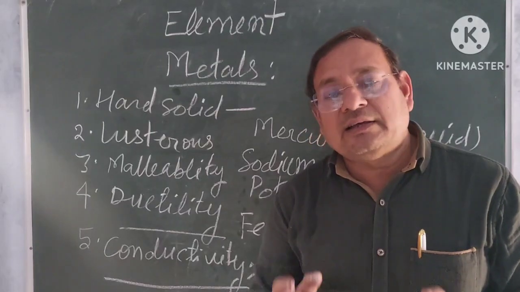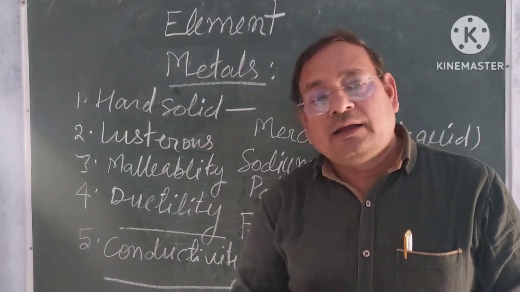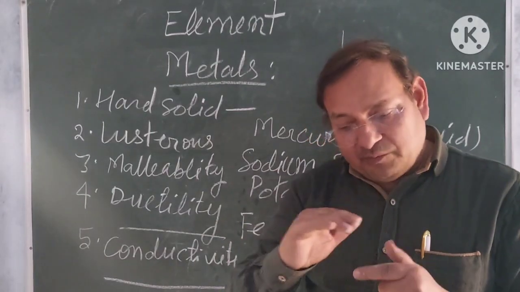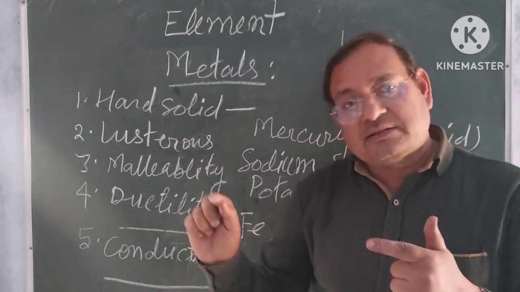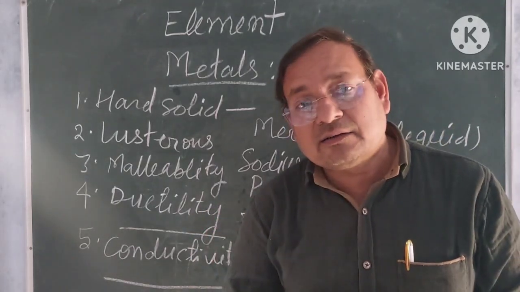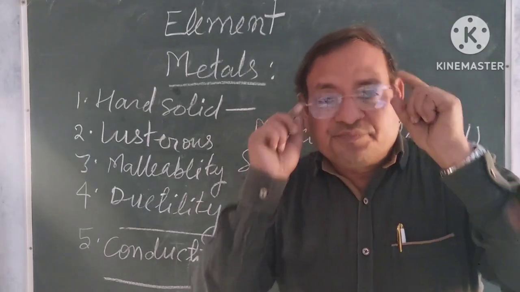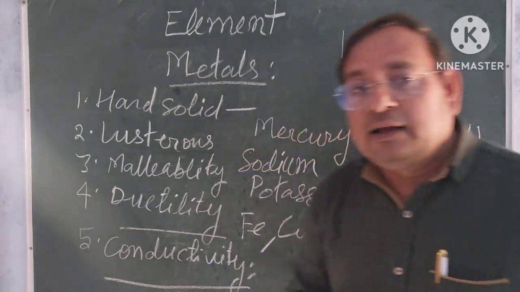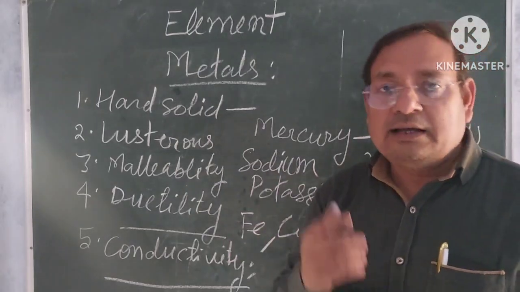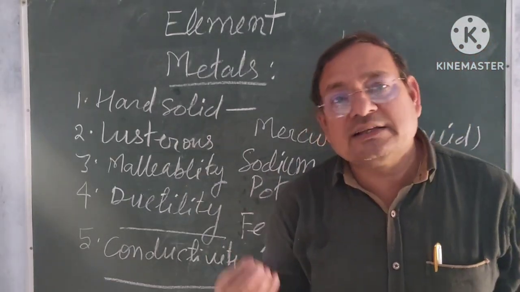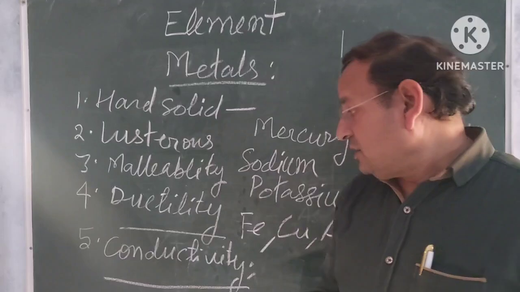This is known as conductivity. And the substance through which electric current and heat can pass is known as a conductor. Understand? And the phenomenon of passing electricity and heat is known as conductivity.